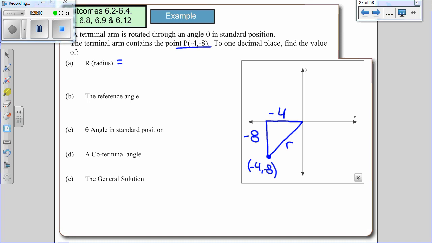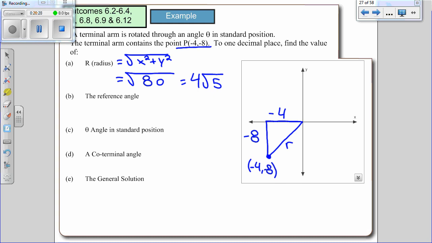When you do that, you should get R is equal to 4 squared would be 16, 8 squared is 64. That's the square root of 80. And that should simplify down to be 4 root 5. 16 divided into 80, I think, and it goes in 5 times. Square root of 16 turns into 4.